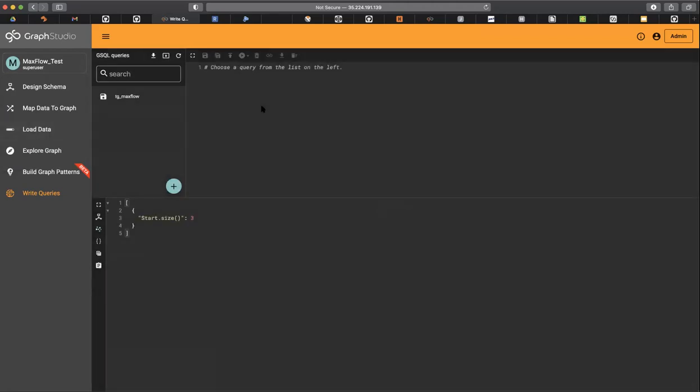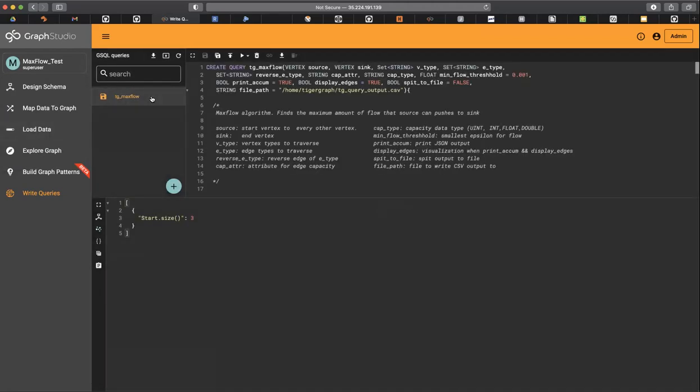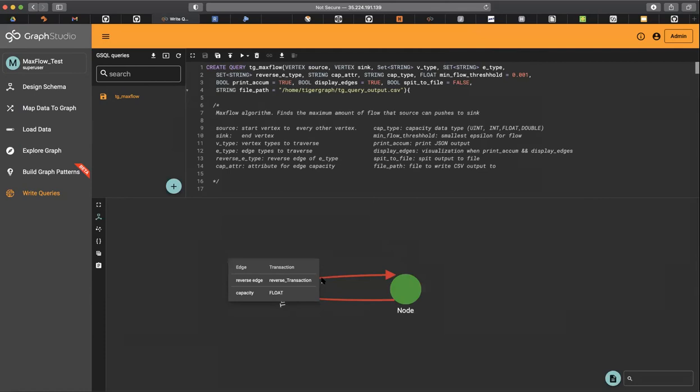The final algorithm that we want to go through is MaxFlow. Once again, very simple schema here. We have a node, and we have a transaction. This doesn't have to be a transaction. In fact, the most common use case for MaxFlow is in supply chain optimization.